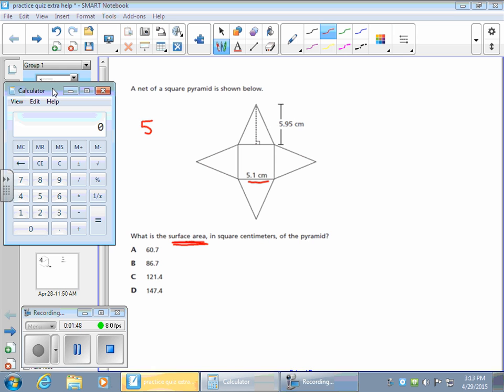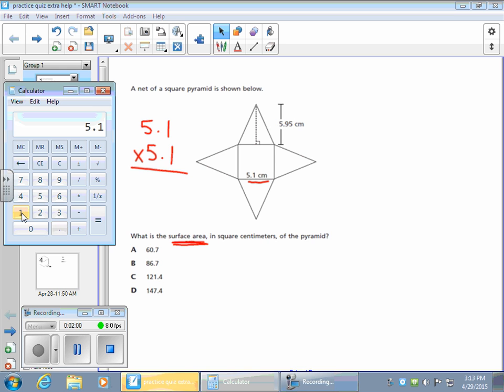So to find the area of the square, we have to do 5.1 times 5.1. Now, remember, I am going to use a calculator, but I want to show what I did. So 5.1 times 5.1 equals 26.01. All right, there's the area of the square.